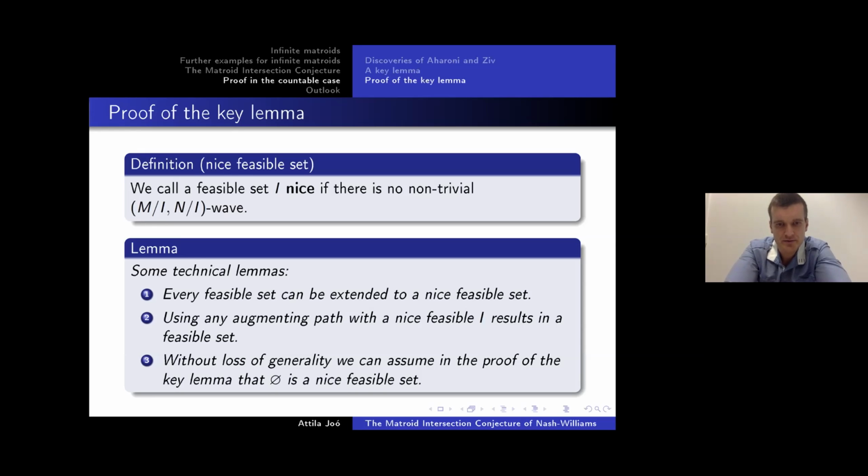And the third lemma says that we can actually assume without loss of generality in the proof of this key lemma that the empty set is already a nice feasible set. So in other words, there is no non-trivial wave.